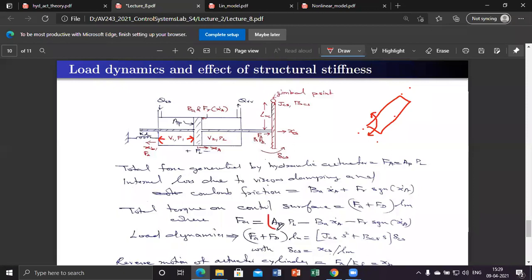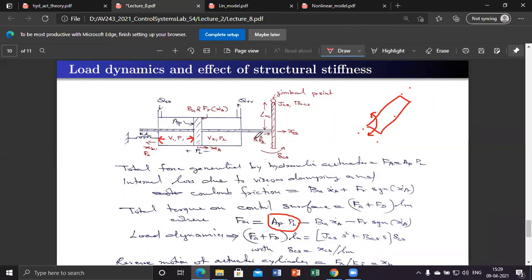This is the total gross force developed by the hydraulic actuator internal to the actuator, minus the force drop across the piston and cylinder, between the cylinder and piston, this much. And FA is the force available externally of the actuator to move the control surface, and we have to consider an equal and opposite reaction.